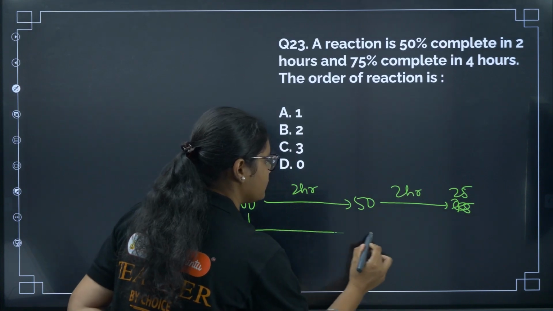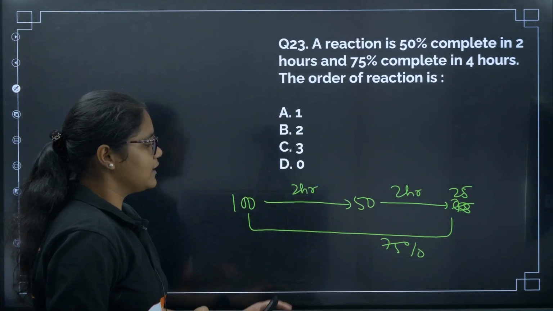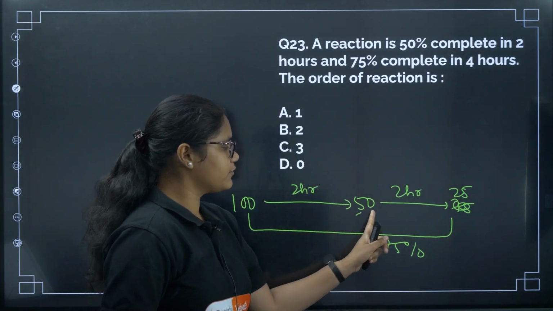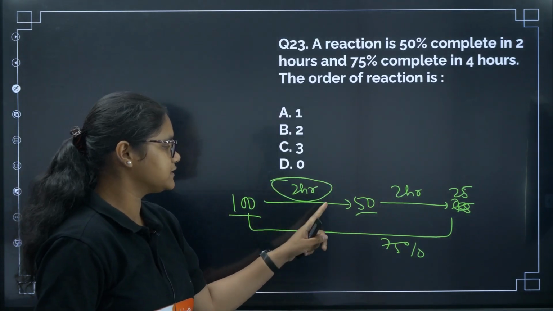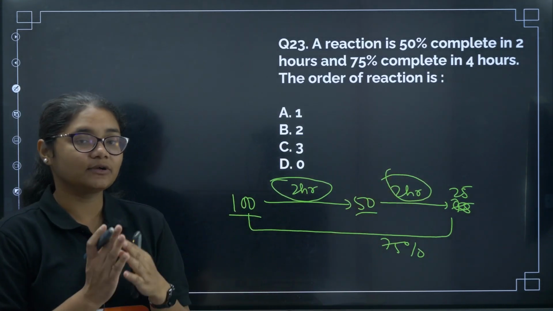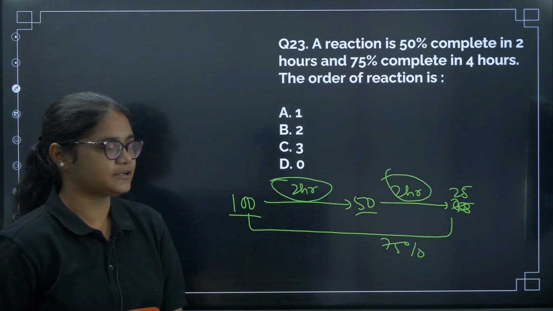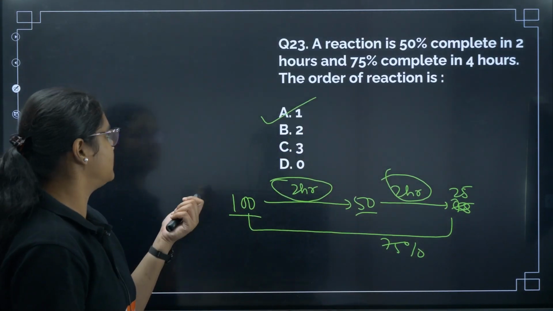So now 100 to this one is your 75%. So now if you see, the half-life is not depending on the initial concentration. When the initial concentration was 100, the half-life was 2 hours. When the initial concentration is 50, then also the half-life is 2 hours. So this occurs in your first order reaction, right? So the order of the reaction is first order. Correct answer is option number A.